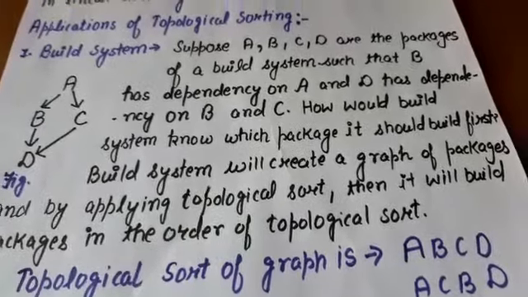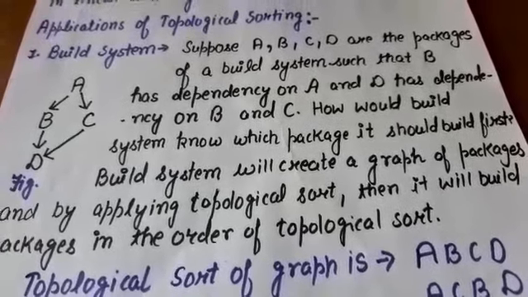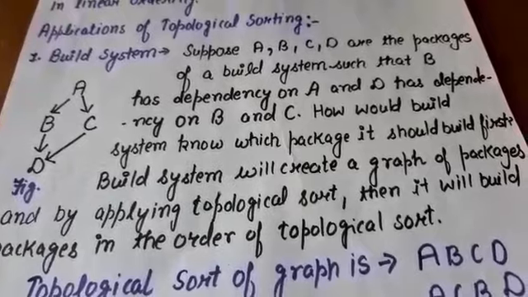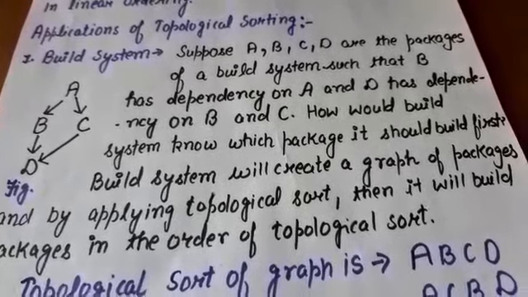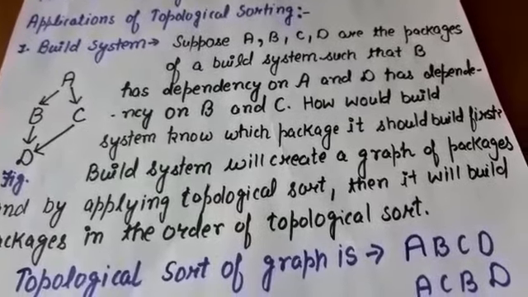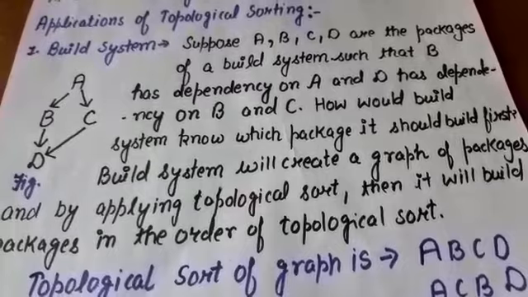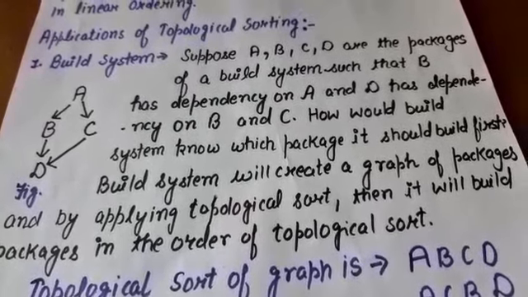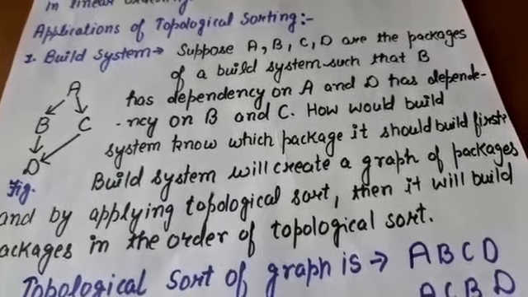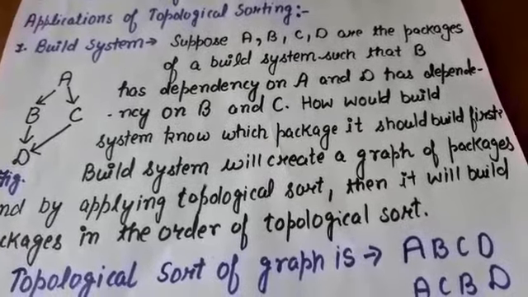See why? As I have told you, the topological sorting tells that if there is a directed edge, then the sorting must be in the order that if AB is a directed edge and A is the starting point and B is the ending point, then A must appear first before B in the topological sort, right?